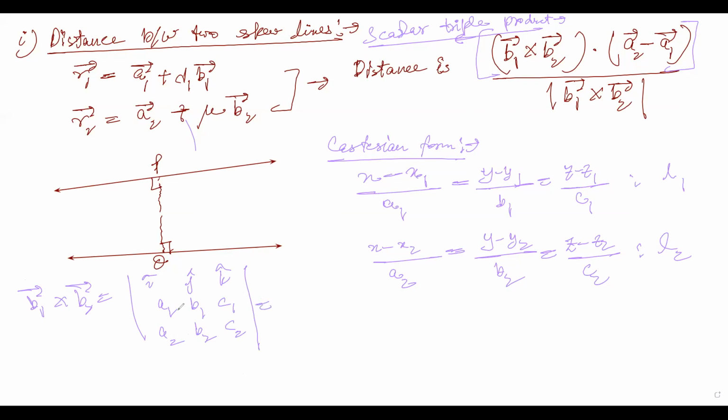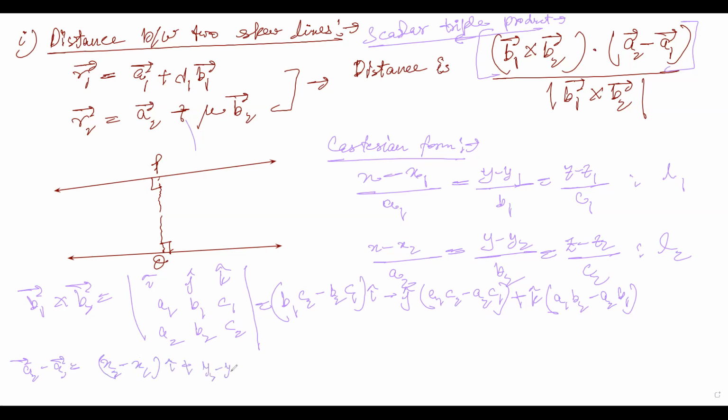If you solve this, what do you get? b1 c2 minus b2 c1 into i cap, minus j cap times a1 c2 minus a2 c1, plus k cap times a1 b2 minus a2 b1. And a2 minus a1 would be x2 minus x1 i cap plus y2 minus y1 j cap plus z2 minus z1 k cap.